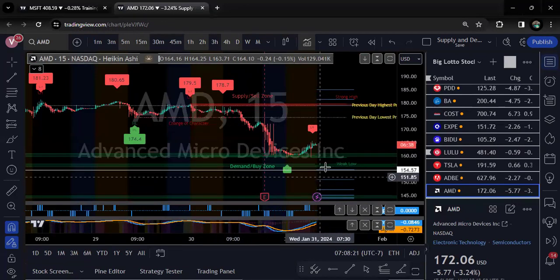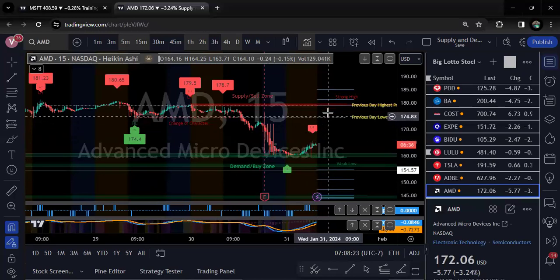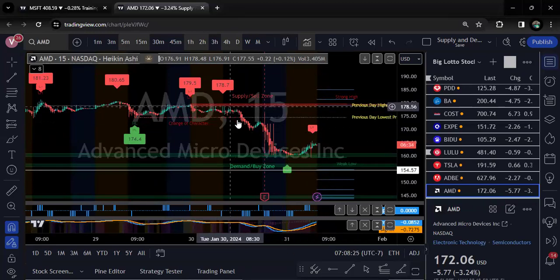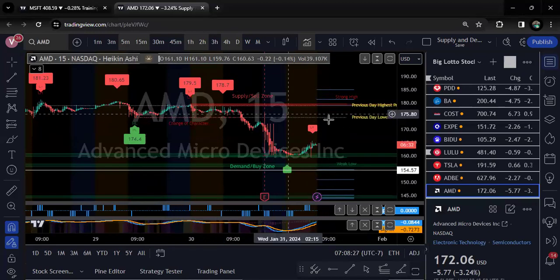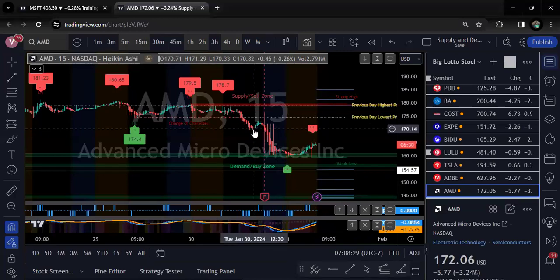So today you're looking at it. If it doesn't go back to this level, the volume went up yesterday. Did it? So look at yesterday's volume for AMD. I don't know if it went up or down.